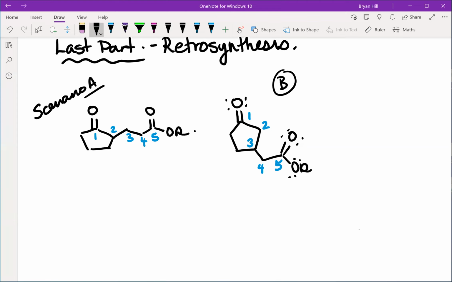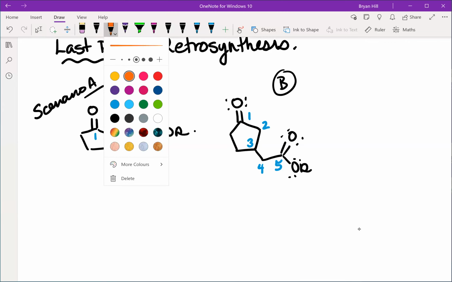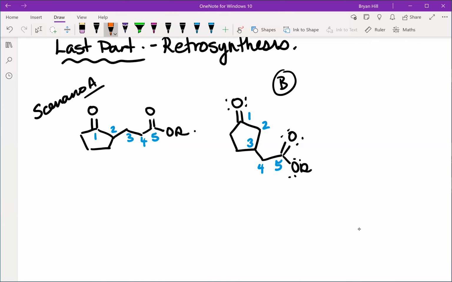So in each case, what we're going to do is make the disconnection basically here or here.